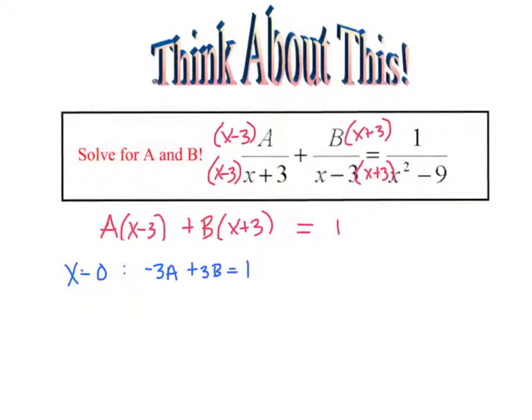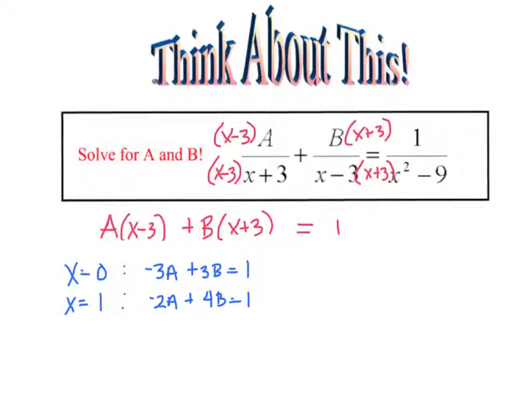And then let's say x equals 1. And the reason, again, you need two equations is because you have two variables you're solving for. Negative 2a plus 4b equals 1. And now you could use your Algebra 2 skills, do linear combination or substitution or something, and solve for those.